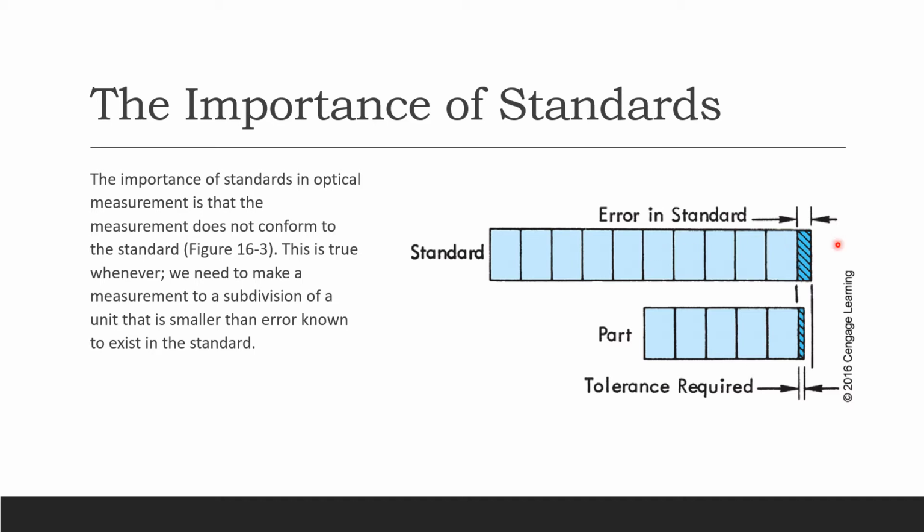The standard error is nothing but the error in your standard, so that's this little part. But for the part that you're trying to measure, you have your tolerance. When you compare this tolerance to the error in your standard, you see it's small. At that time, this kind of measurement is not going to conform to that standard. That's pretty easy for you to understand.